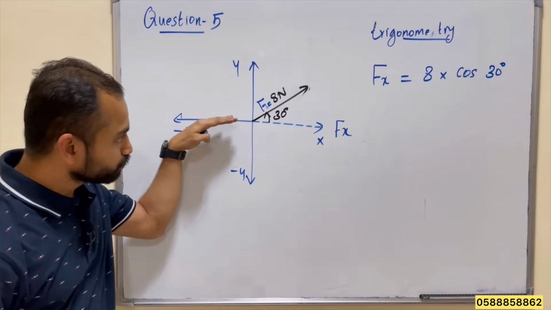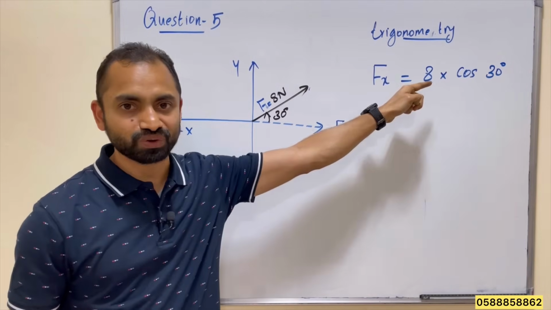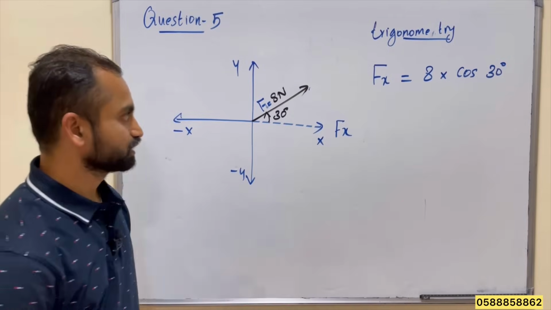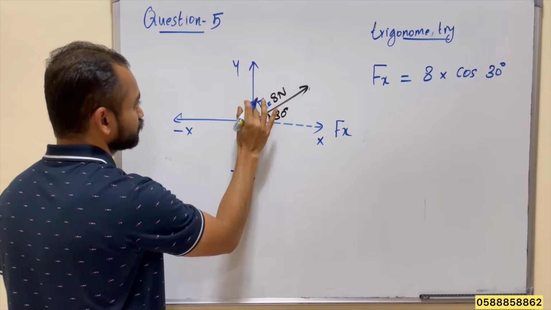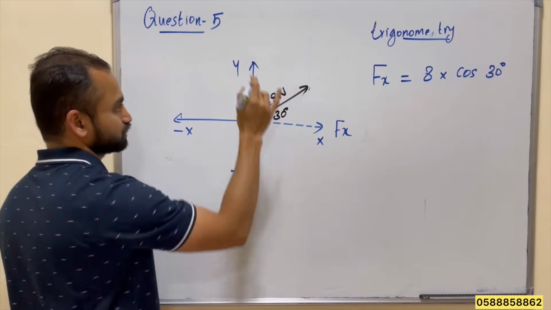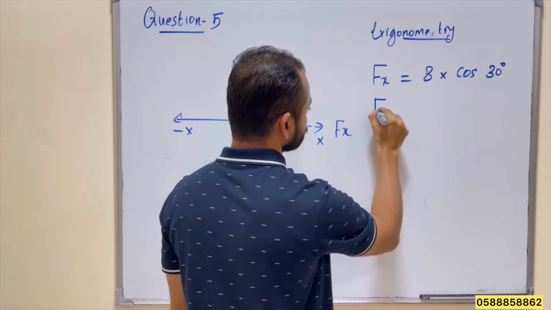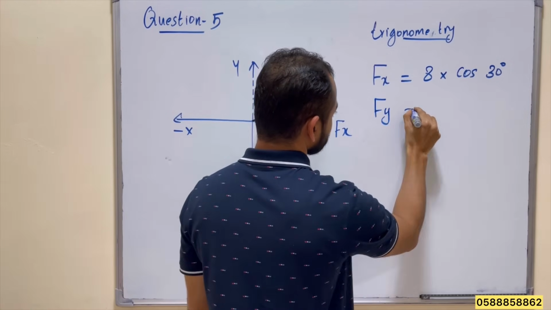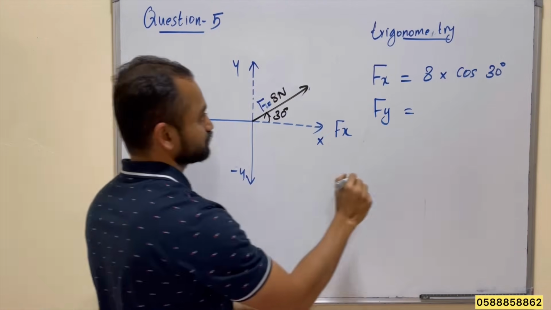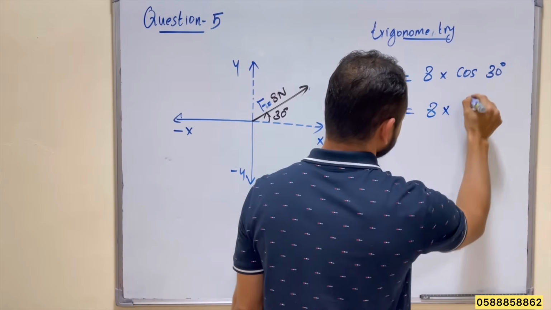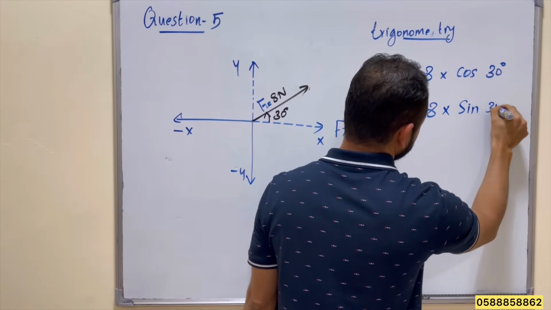So the component along the x direction uses cos. How to calculate Fy? The part of this force along the y direction is the given force, 8, multiplied by, instead of cos, sin 30.